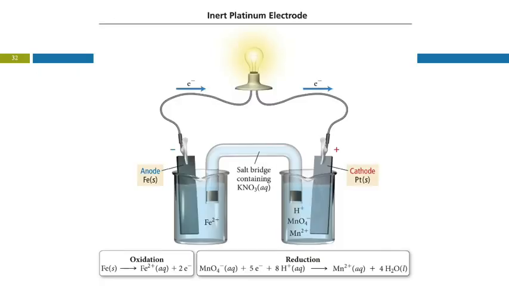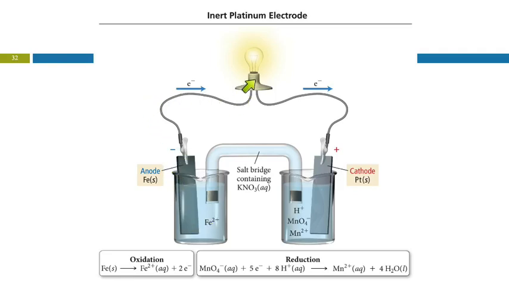So here is a drawing of that cell. There's our iron anode with iron ions in solution. Electrons are leaving the iron, resulting in iron ions being produced.